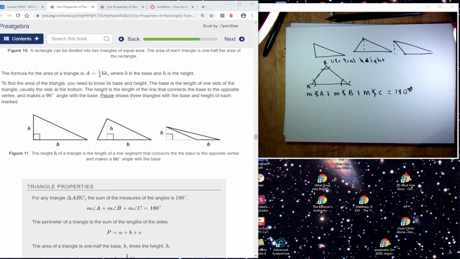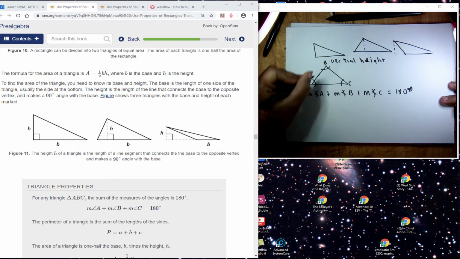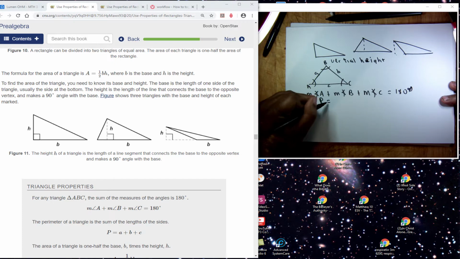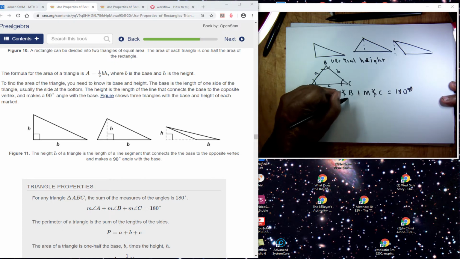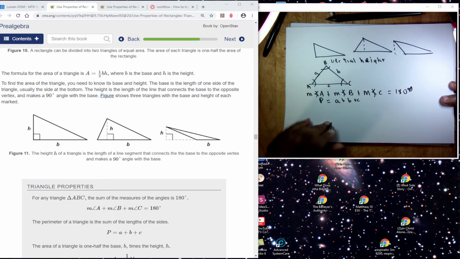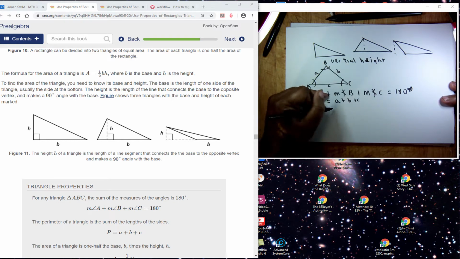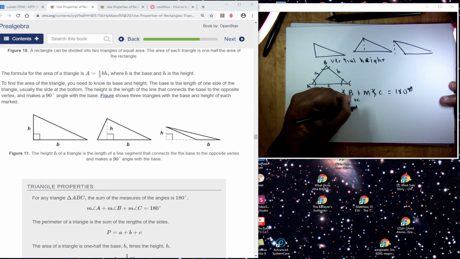The perimeter for a triangle is the sum of the sides. We already talked about the area of a triangle, which is 1/2 the base times the height.